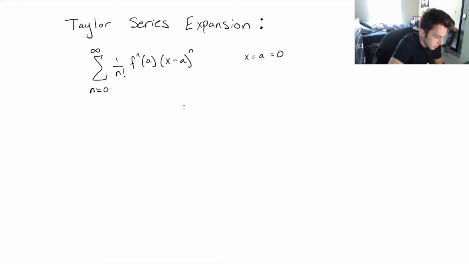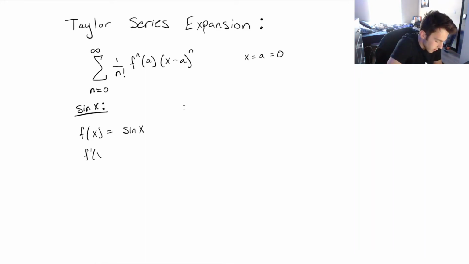First, let's do f of x for sine of theta, and we're just going to say that x is theta because it's easier to read. Okay, f of x is sine of x, I know this.